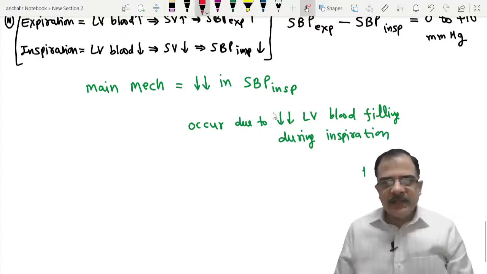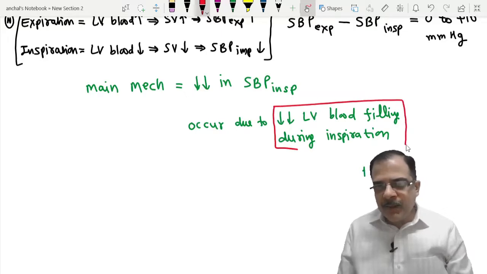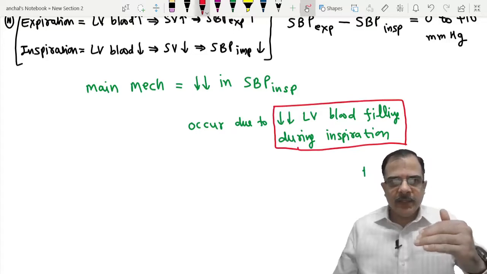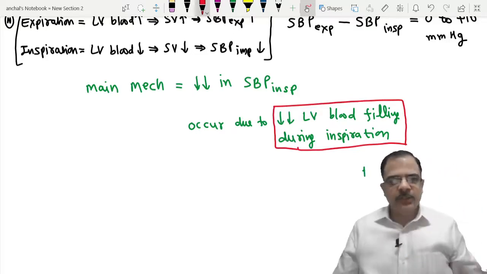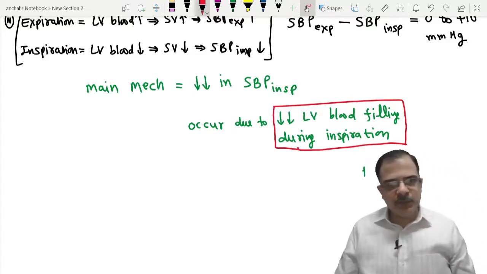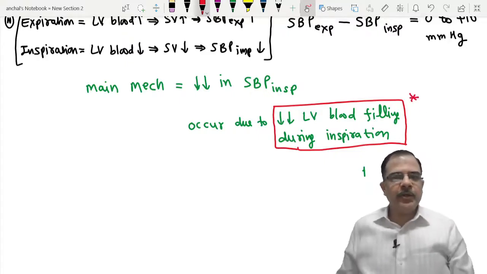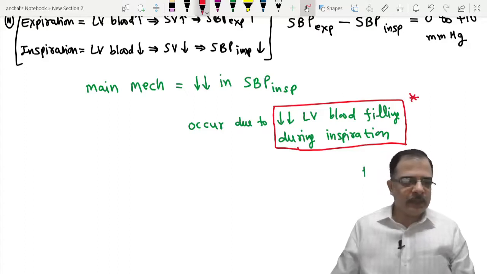So this is the reason. Double arrow reduction in left ventricle blood filling during the inspiratory phase. Blood filling is more reduced, so there will be more reduction in BP during the inspiratory phase. This is the main mechanism that you need to know about pulsus paradoxus.